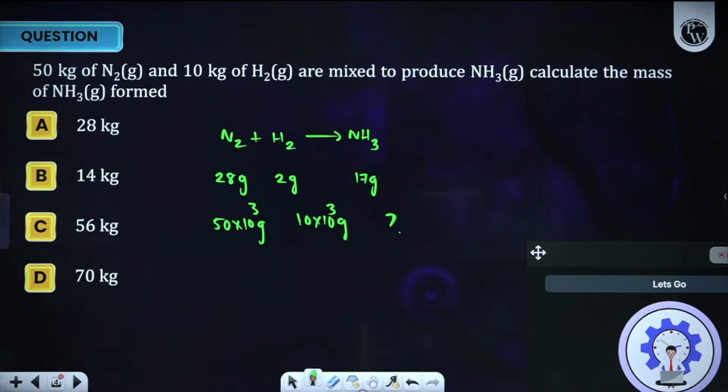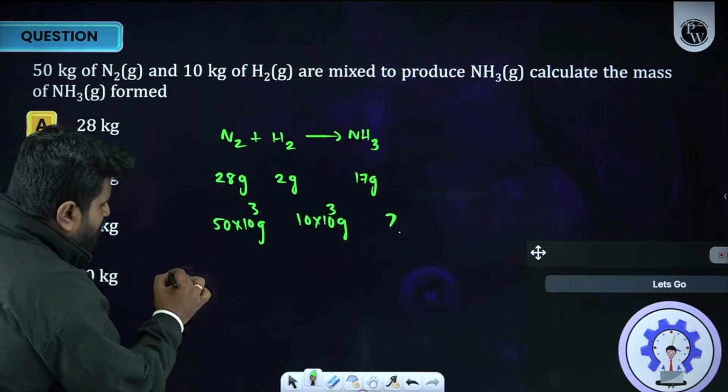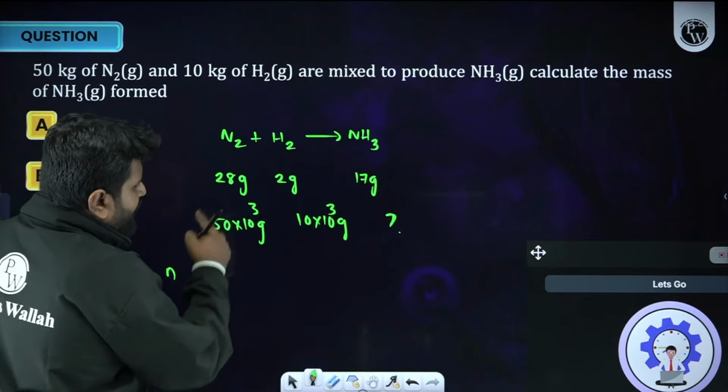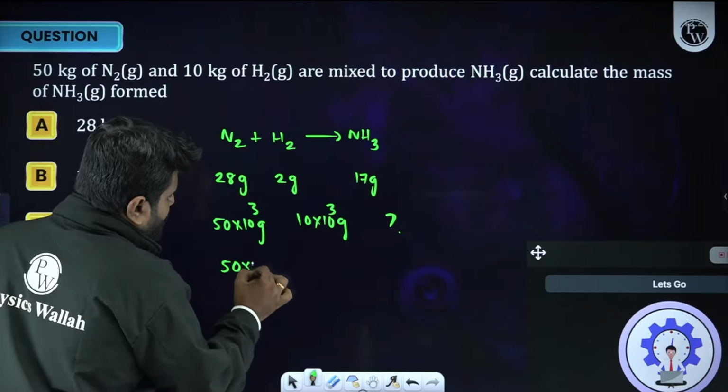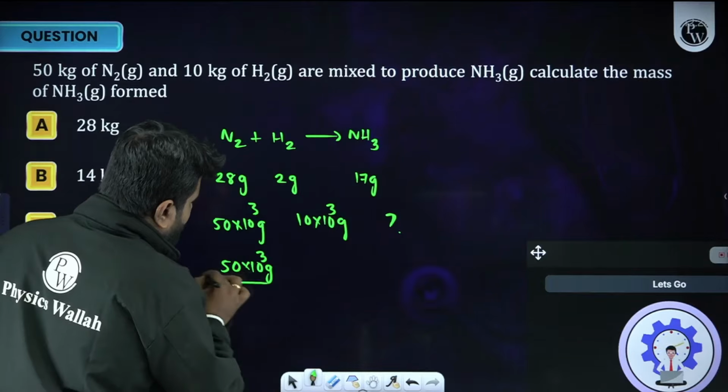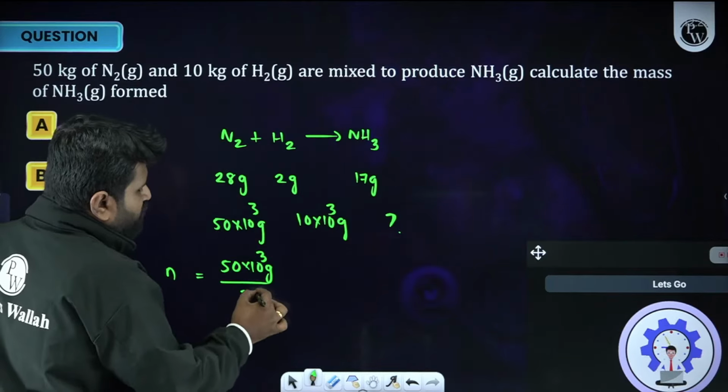Now we can find the moles of N2. Moles is nothing but given mass divided by molar mass. Molar mass is 28.